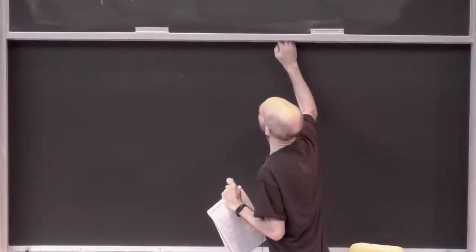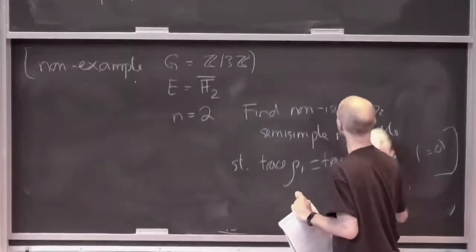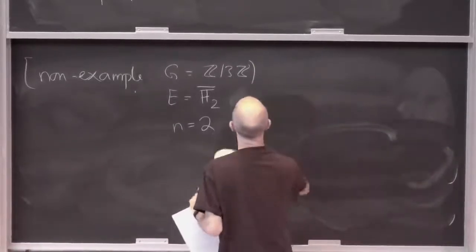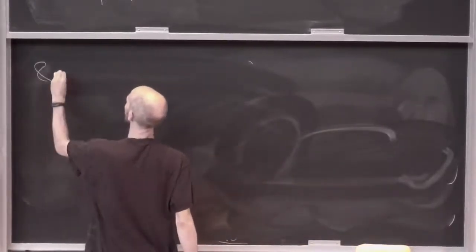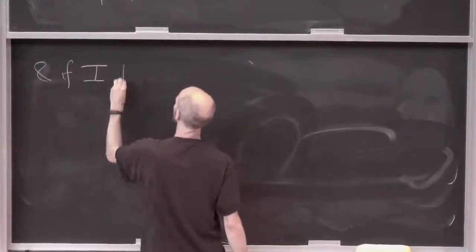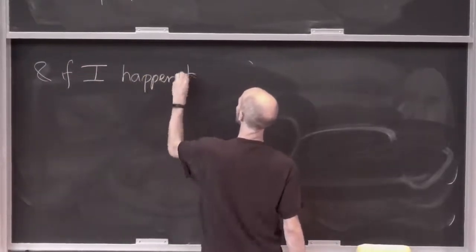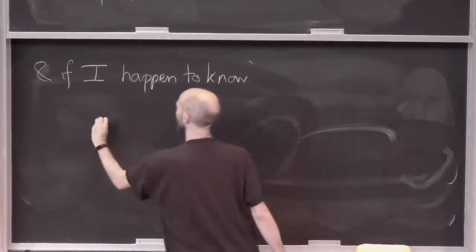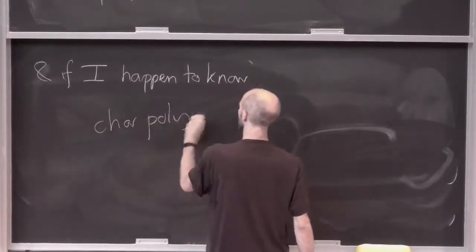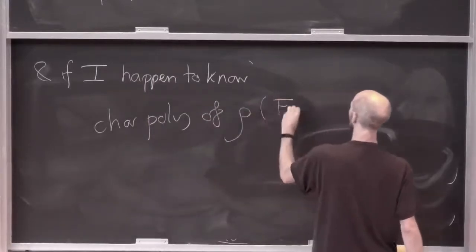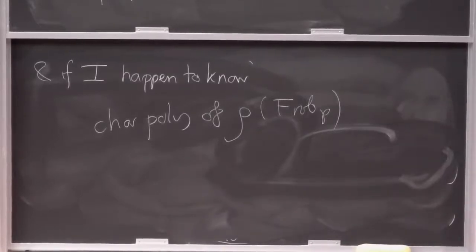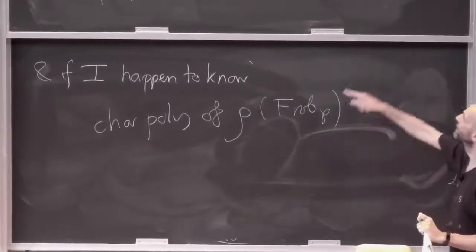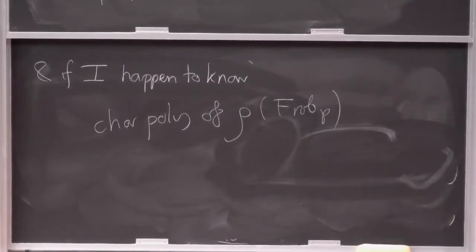If I've got a continuous semi-simple representation, and if I happen to know the characteristic polynomial of rho of Frob P, the char poly of rho of Frob P. So Frob P is a subset of Gal(k^s/k).